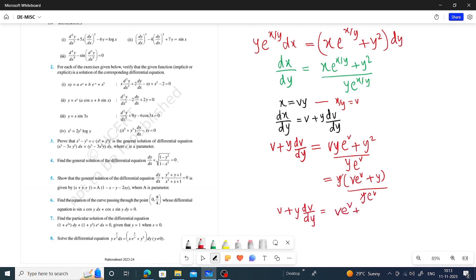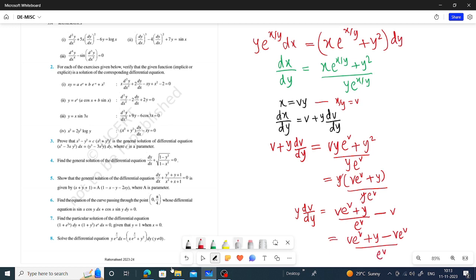e raised to v plus y by e raised to v minus, what we do is this v we will bring here. Okay, so this minus v, so it becomes v e raised to v plus y minus v e raised to v all divided by e raised to v.